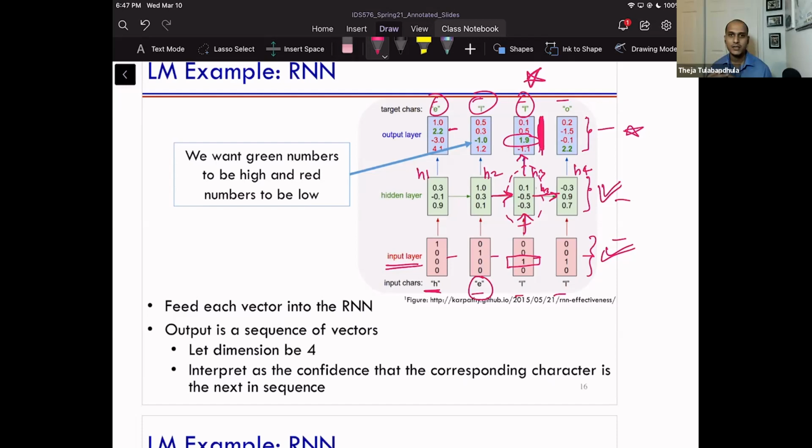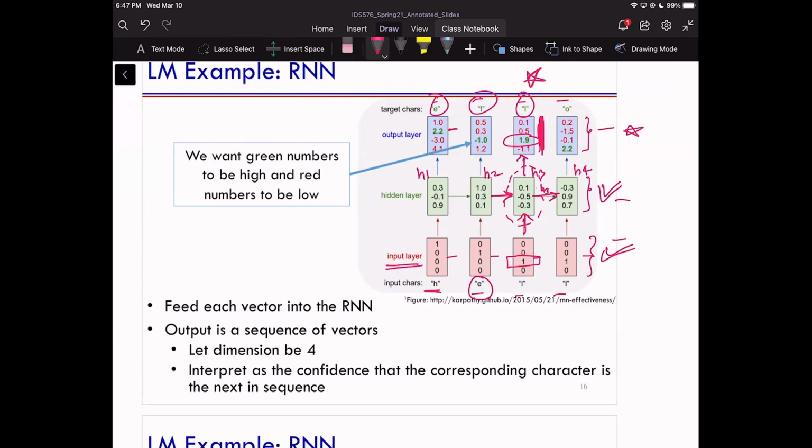Those are like the scores, and you want the score for example for the letter E, which happens to be the 2nd letter in the vocabulary, and therefore the 2nd coordinate in the one-hot encoding, to be high. These are not really probabilities themselves, because you can see the numbers are negative and positive and all over the place. You can softmax it, and then you'll get probabilities of that character.